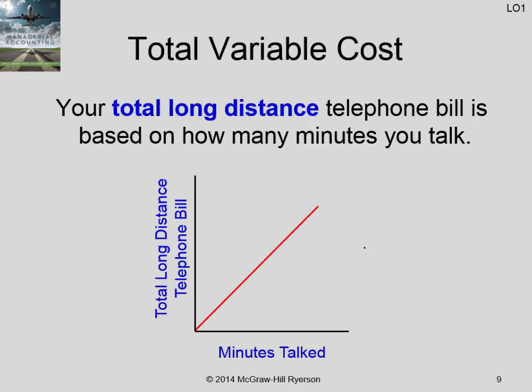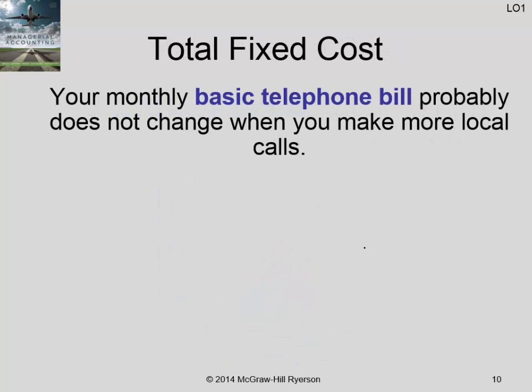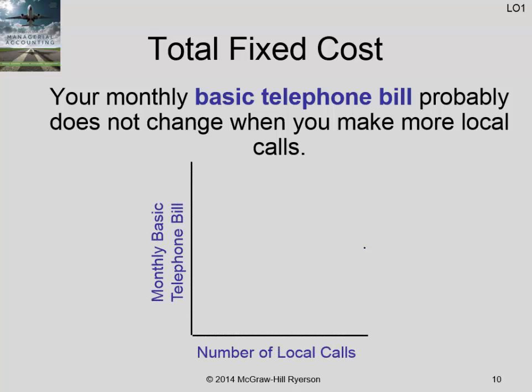Whereas a fixed cost is not one that deals with airtime, but the standard cost, like a landline for local calls, where it doesn't matter how many local calls you make, you're still paying TELUS $30 a month.